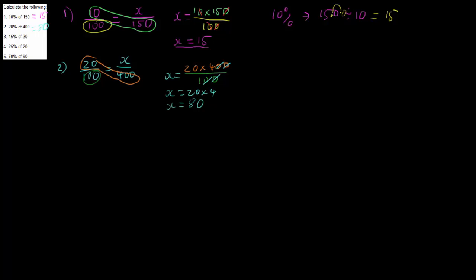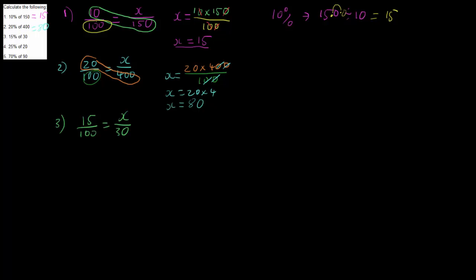And now if I have a look at number 3, I have 15% of 30. I'll use this system again. 15 over 100 is equal to x over 30.